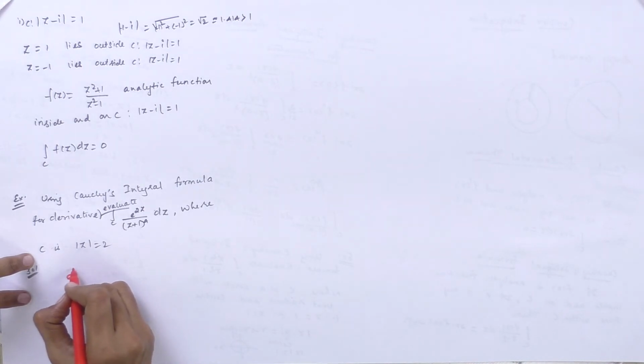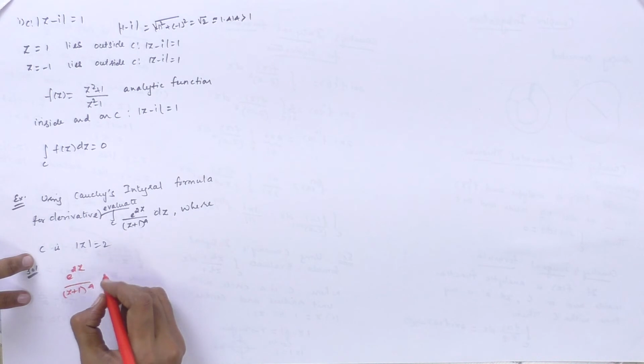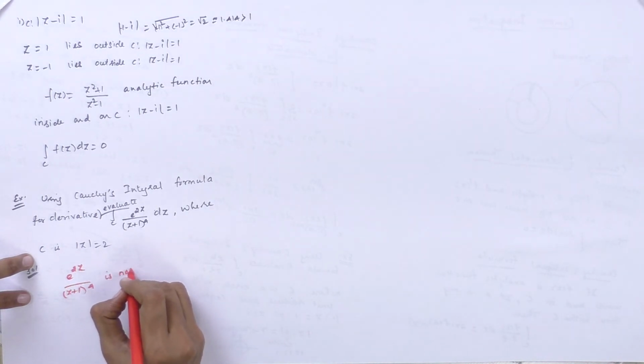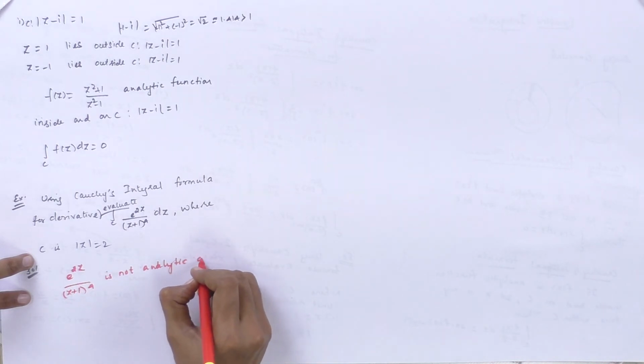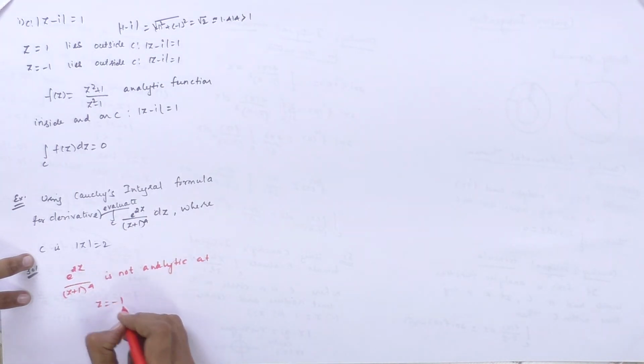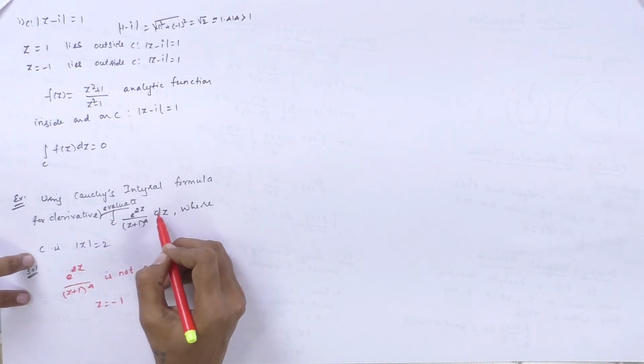The function e raised to the power 2z divided by z plus 1 power 4 is not analytic at z equal to minus 1. Let us check whether this point lies inside or not. If the point z equal to minus 1 lies outside the circle, then the integral value is 0.